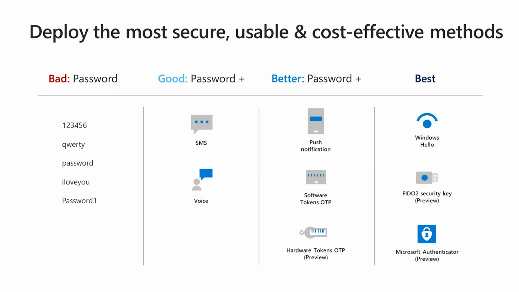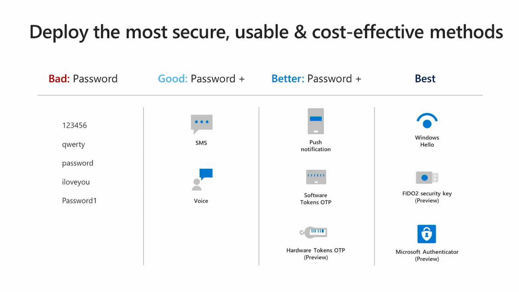Passwords, especially the commonly used passwords like 123456, password1, are bad. Telecom-based methods like SMS and voice can add an additional layer of verification. However, they have a dependency on telecom providers. End users need connectivity, and it may even cost your end users.